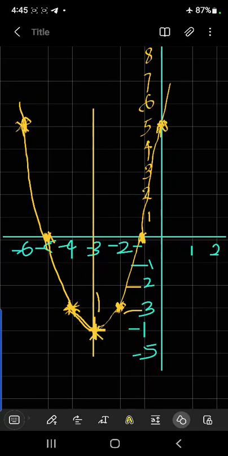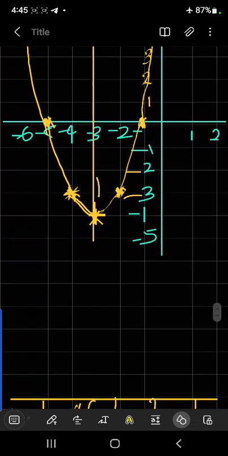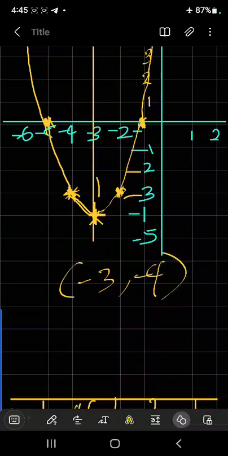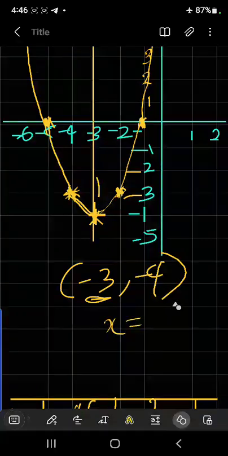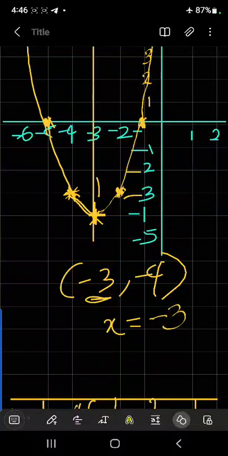And those days when you're in secondary school, at times you plot a curve and then they tell you to find the equation of the line of symmetry. That is just with the vertex we got. Our vertex, which is what? -3, -4. You get to know that this point is also the same as the equation of the line of symmetry. So you just say the equation of the line of symmetry is x equals -3.